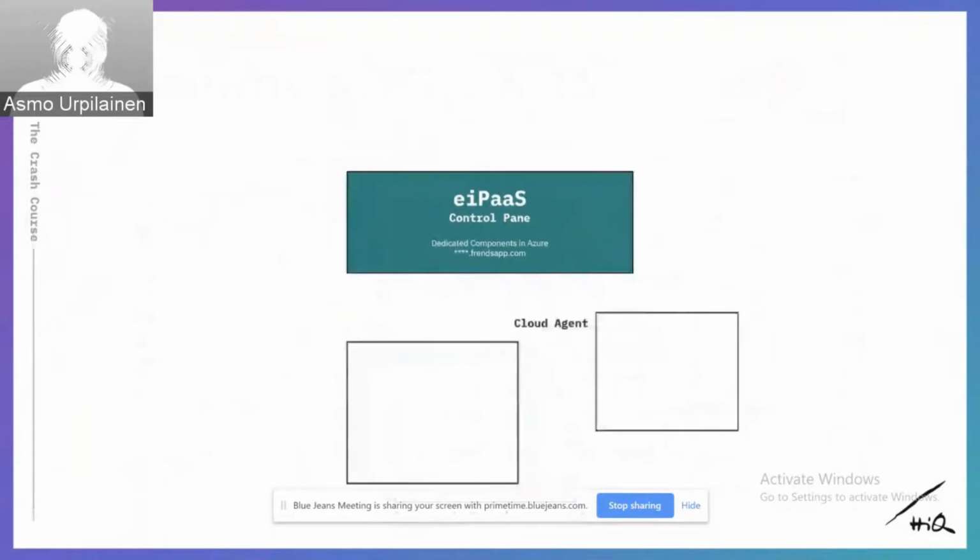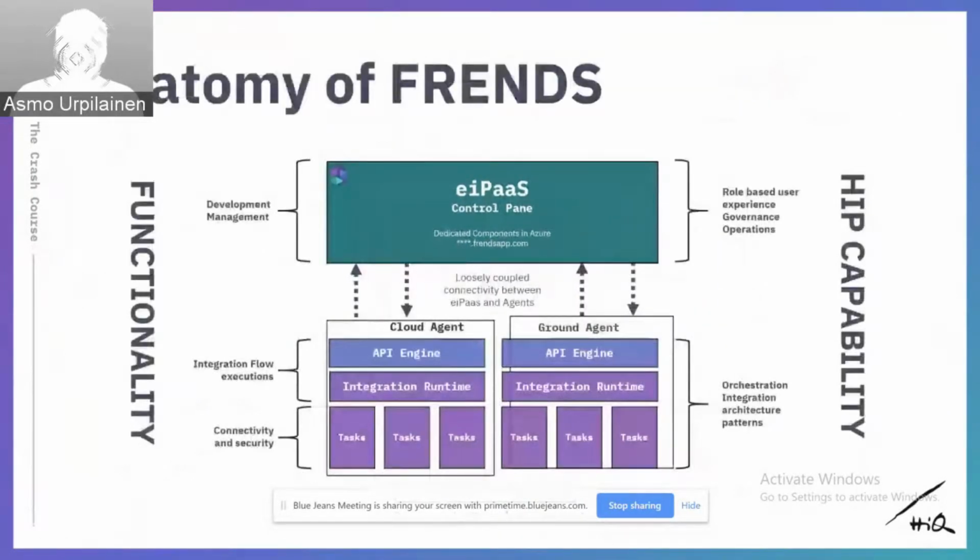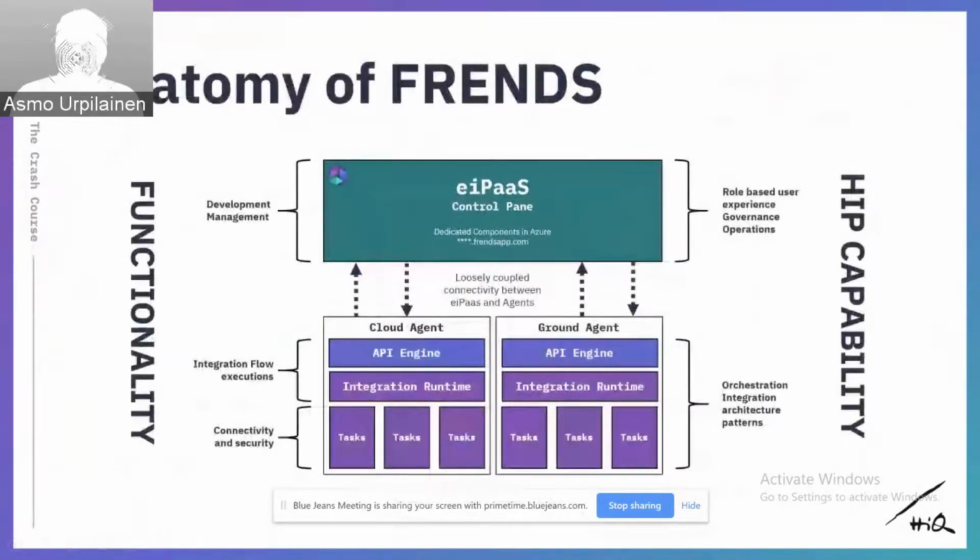So the agent is actually responsible for providing all of the capability for the actual integration to happen, and it's loosely connected to the control plane or the user interface, meaning that even if there are network glitches or hitches on the way, the agent is not relying on the control plane to be able to execute its functionality, but rather it's reporting back on a standard basis what has been happening with each integration or API, and then it's of course listening for new directions.